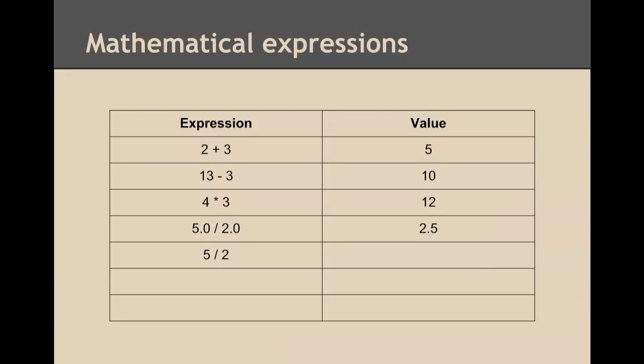So when we have that situation, when both sides of the division are integers, then it's an integer division, which means that we get rid of any fractional component. So the answer to that problem is 2, not 2.5. Okay? So if we need to have fractions and division, we have to make sure that at least one of the sides of the division operator is a float instead of an int. If they're both ints, we get integer division.